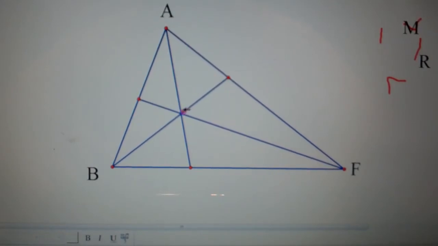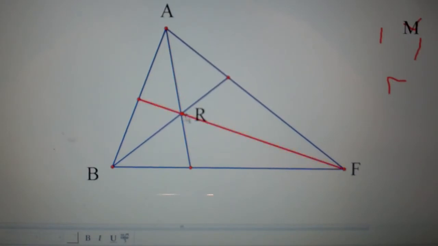Let's put a little dot, and we'll call that point R. So we can say that the intersection of all the angle bisectors of this triangle intersect at the same point. What is significant about this is that the point R is equidistant from the three sides of the triangle.